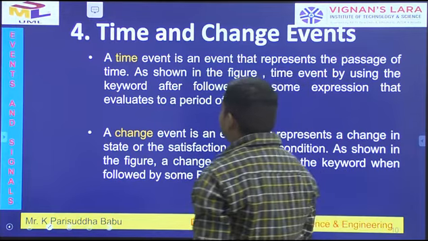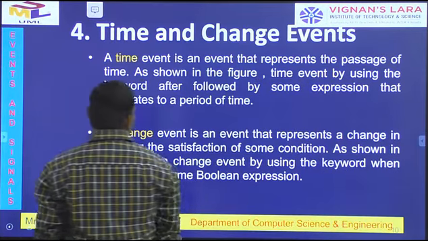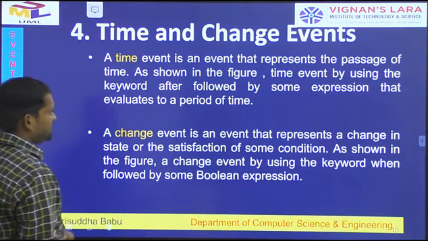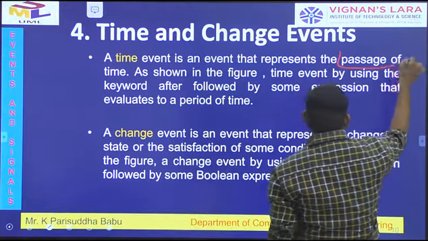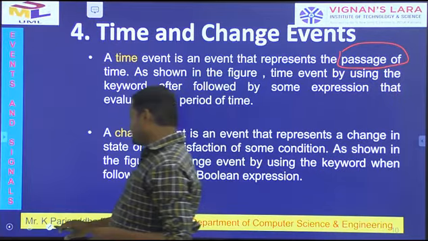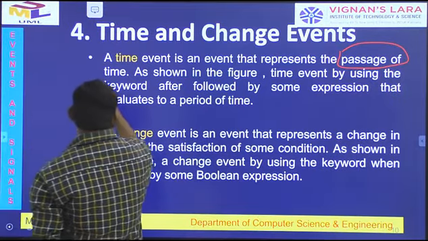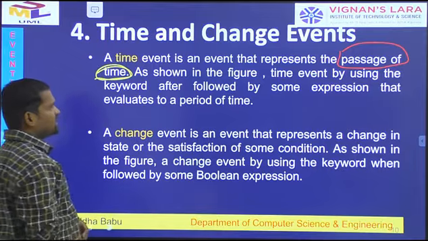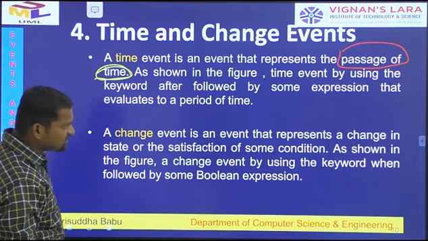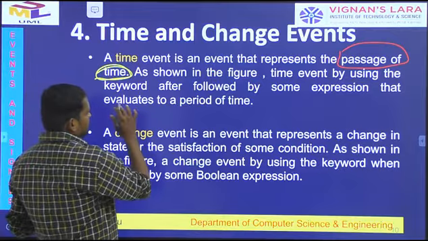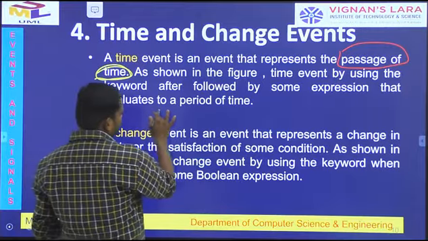A time event is an event that represents the passage of time. In the time event we give a passage of time, using the keyword after followed by some expression that evaluates to a period of time.